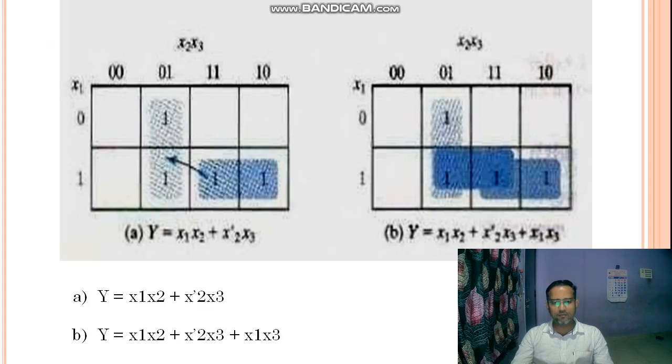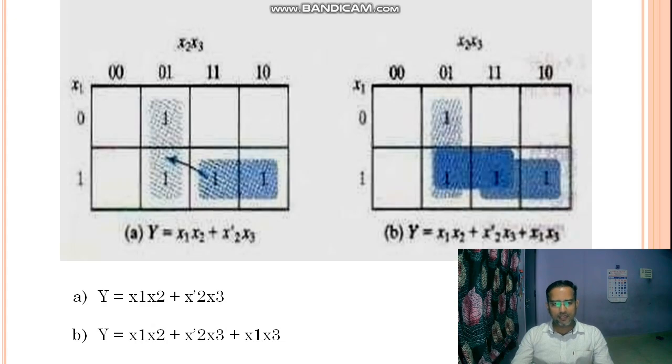In this diagram, I have given two equations. Y equals x1 x2 plus x2 dash x3. Then Y equals x1 x2 plus x2 dash x3 plus x1 x3. This is the equation which is given, and we have to map the equation.